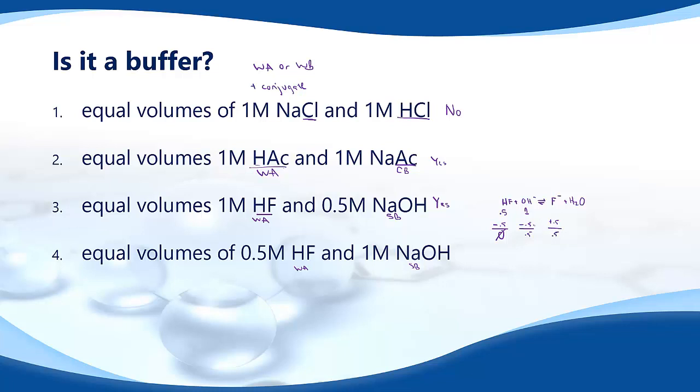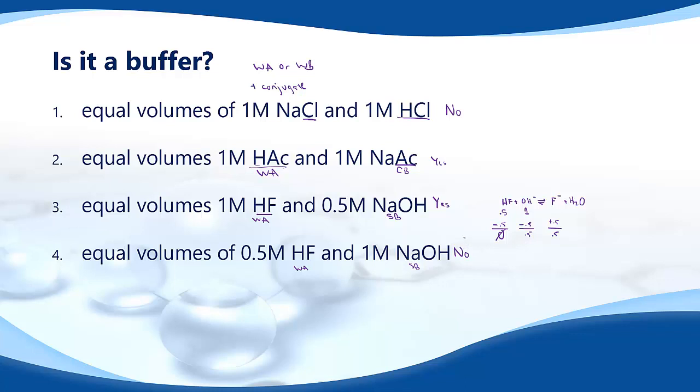So what we have for question number 4 is the conjugate base, which is the fluoride ion, but we have a strong base with it because we had excess base. So in this case, this is not going to be a buffer.